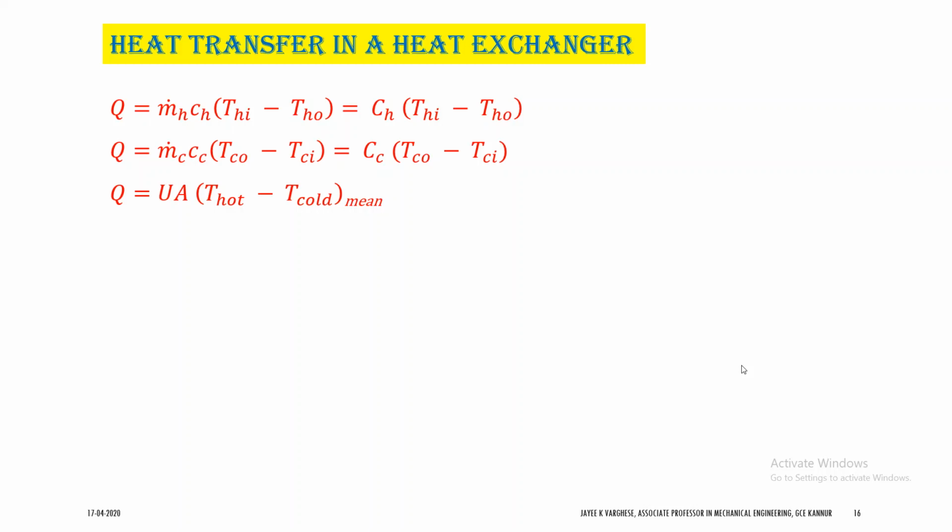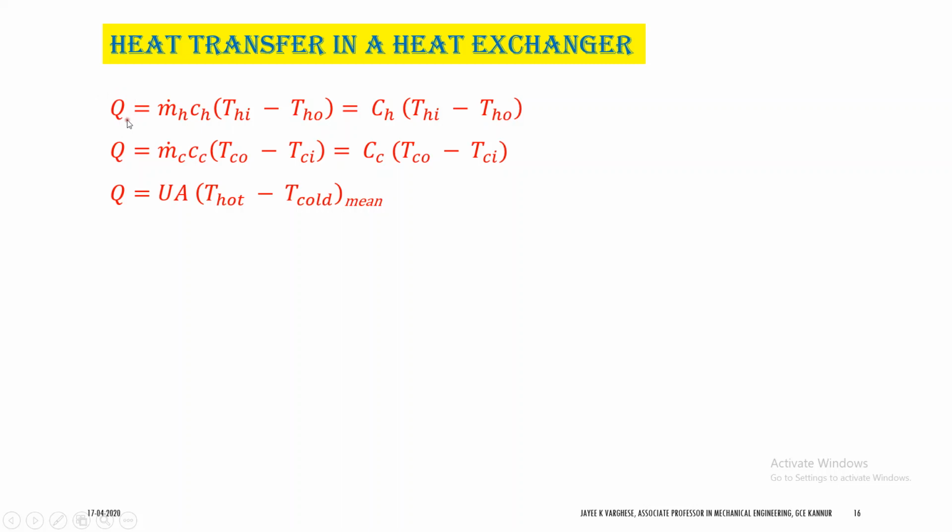So before actually starting the derivation and other calculations in a heat exchanger, let's first be familiarized with the different terms to be used in a heat exchanger. Here in this slide you can see Q stands for heat transfer or heat exchanged in a heat exchanger, which will have a unit of watts.